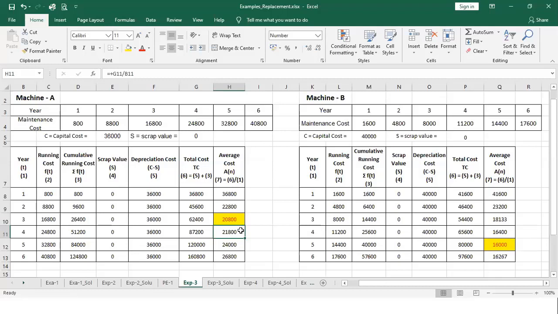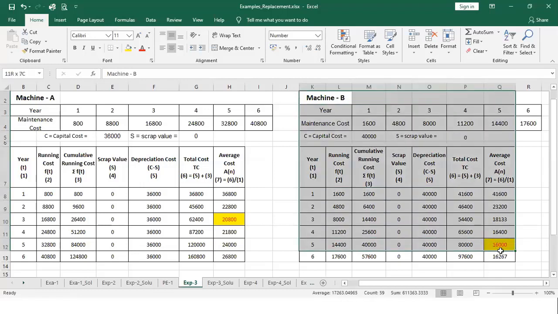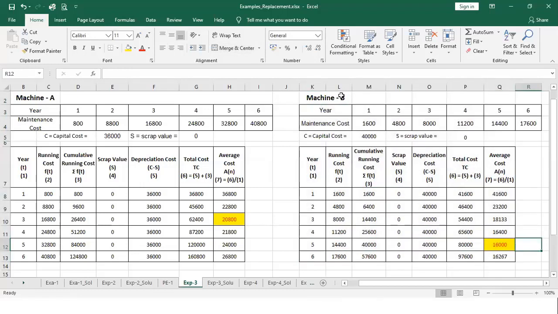Is that clear? Now, for machine B, these are the data for aging of the machine, wherein we have calculated the running cost, cumulative cost, and other costs, and we have found out the average cost. At the fifth year, the average cost is 16,000, and after that period of time, the average cost per year keeps on increasing.